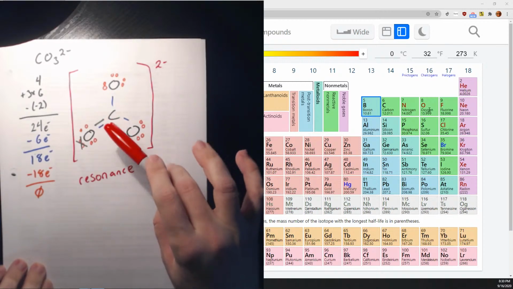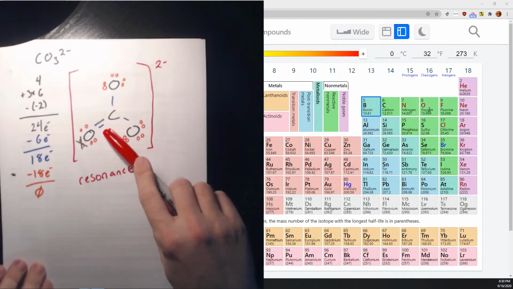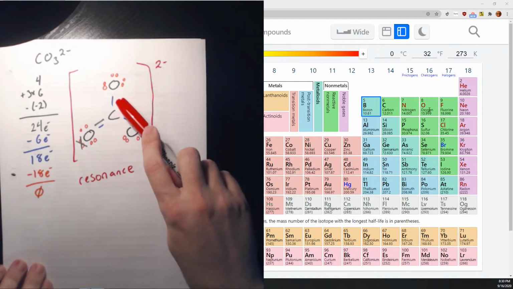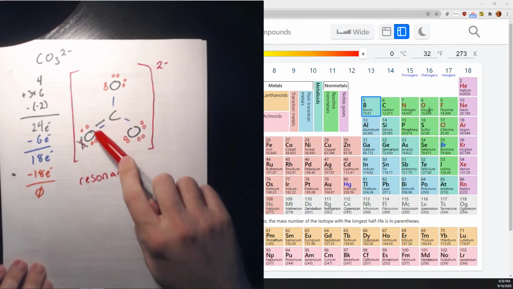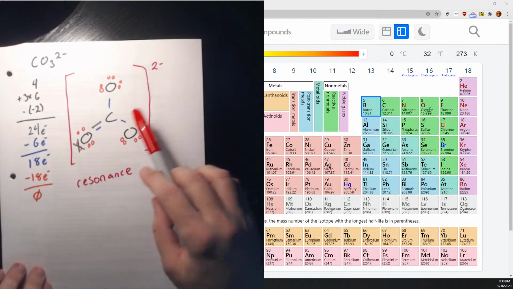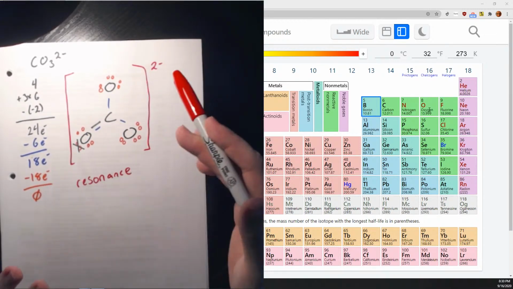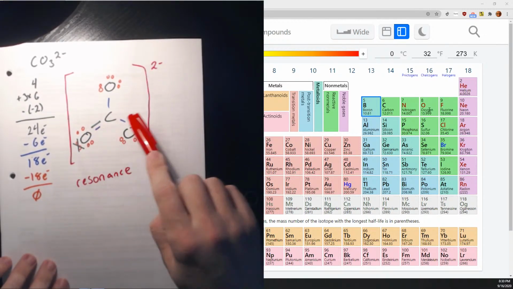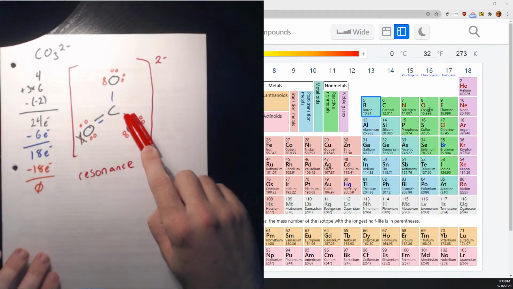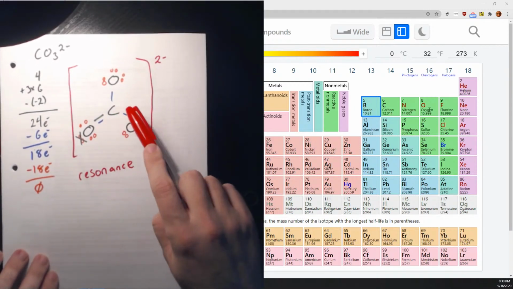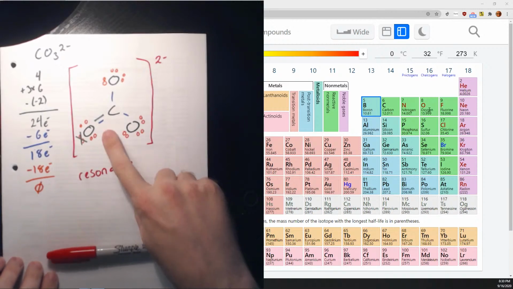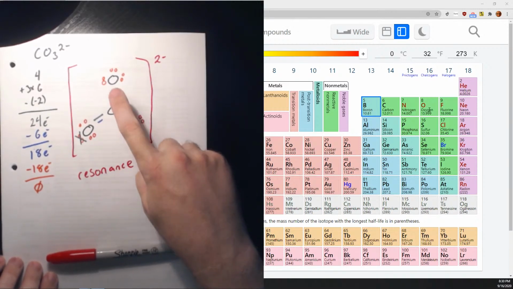There is absolutely no reason for the double bond to be here instead of here. Or here. These oxygen atoms are all the same. They have the same valence, the same electrons. They're absolutely identical. There's no reason to put it in this place rather than this place. Therefore, we don't put it in this place rather than this place. Okay? It is here, and it's here, and it's here.